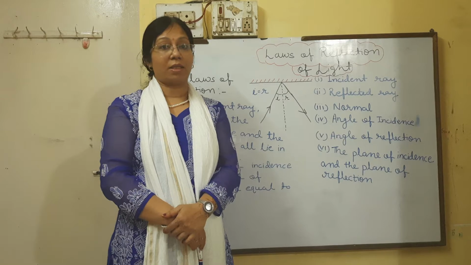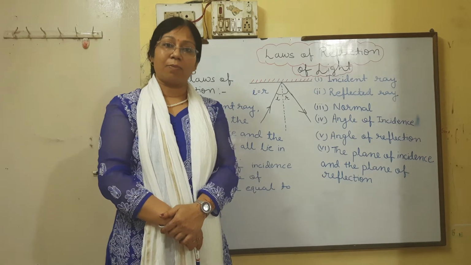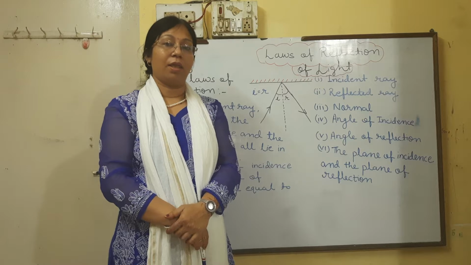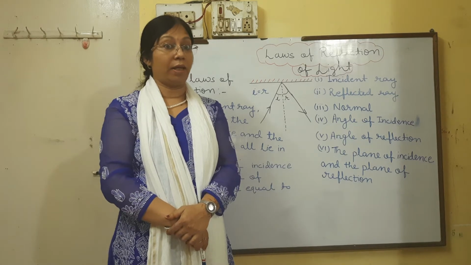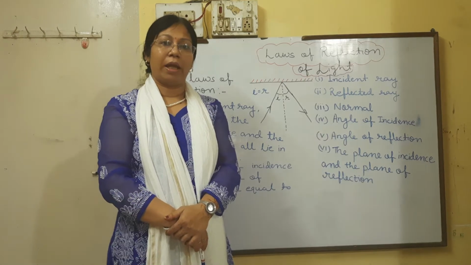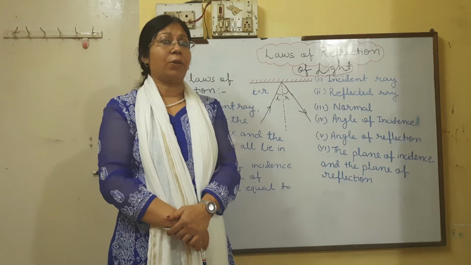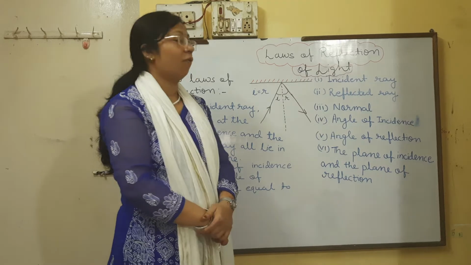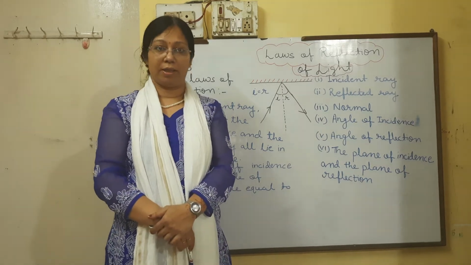When the reflection of light takes place from a shiny, smooth surface, it has a glaring effect and it follows certain rules, which are known as laws of reflection of light.